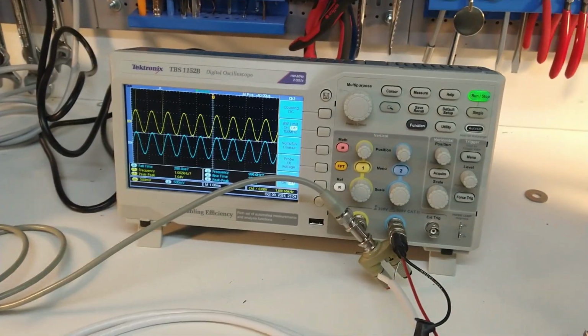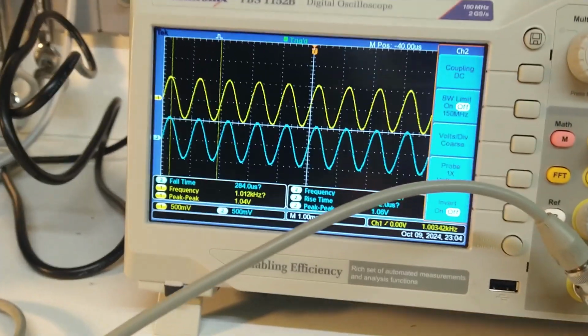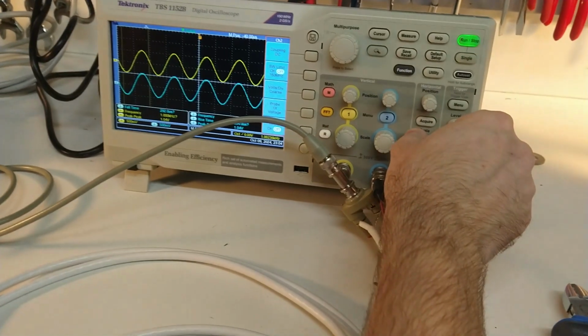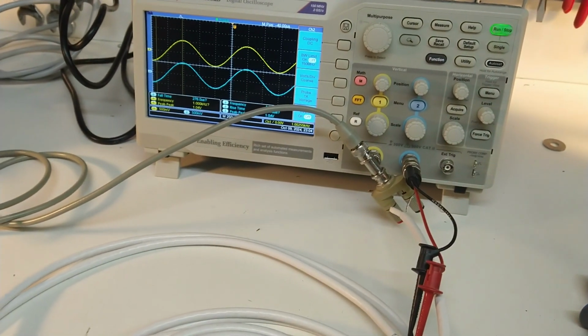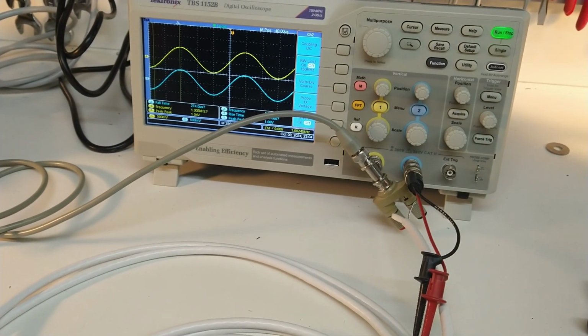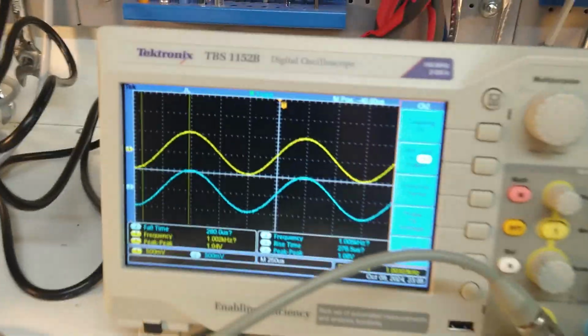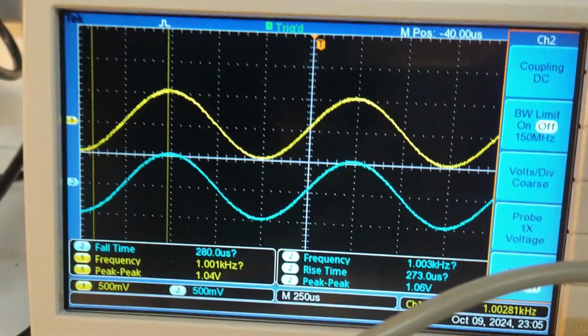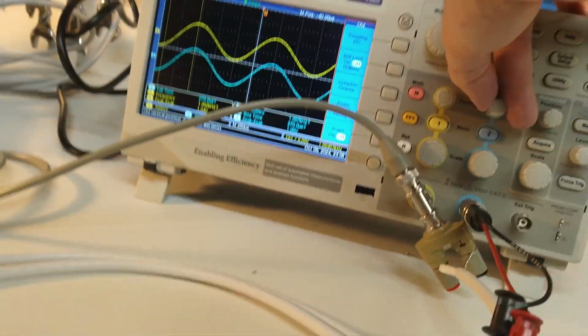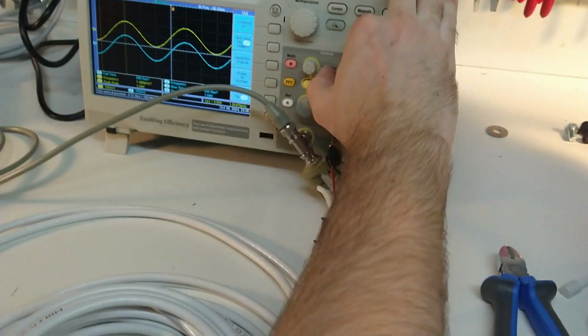And we have something like this. If you zoom in, you can maybe see a little bit of a phase change.